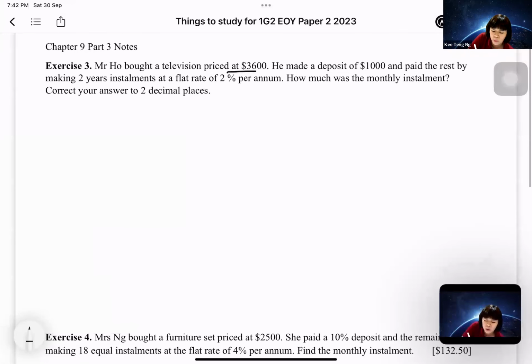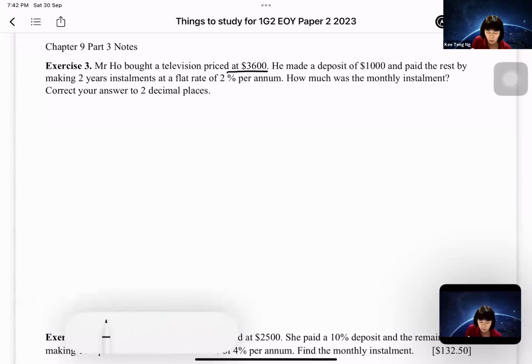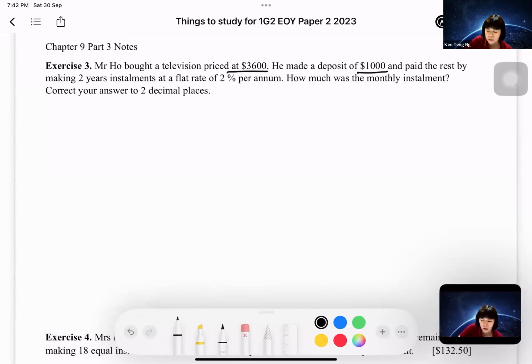$3,600. That is the original price, right? And he made a deposit of $1,000. Then he paid the rest, paid the balance, right, by making 2 years installment. Okay, then still got quite a number of other things. Now, what is this thing talking about? Firstly, my original amount was $3,600, but I don't have money to pay for everything at one go. So I made a deposit of $1,000.